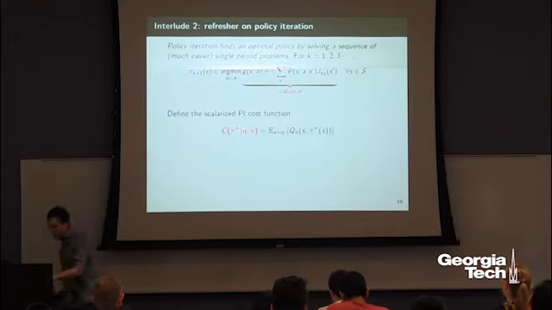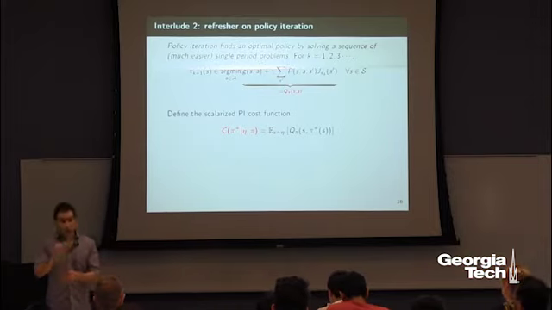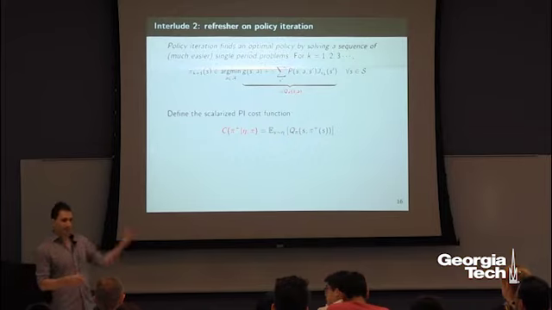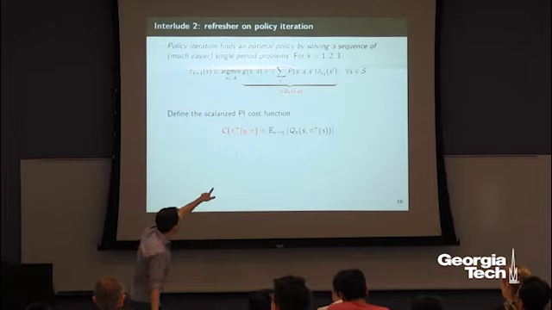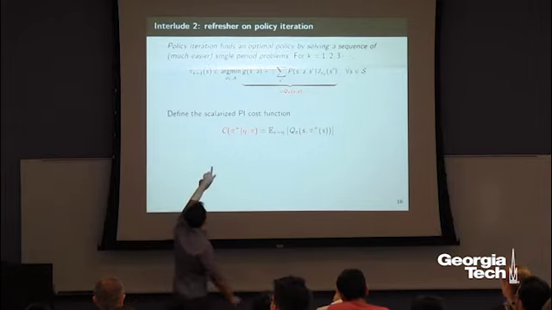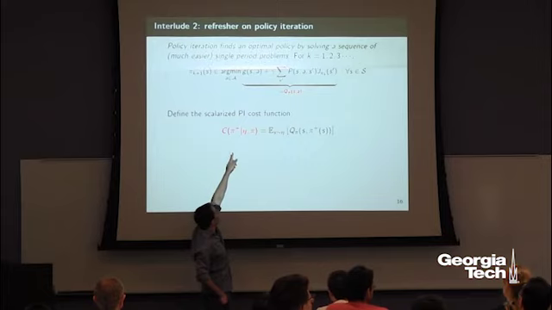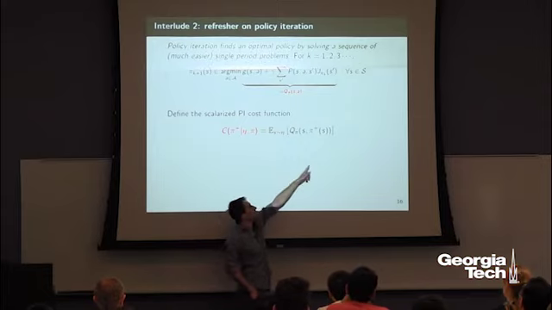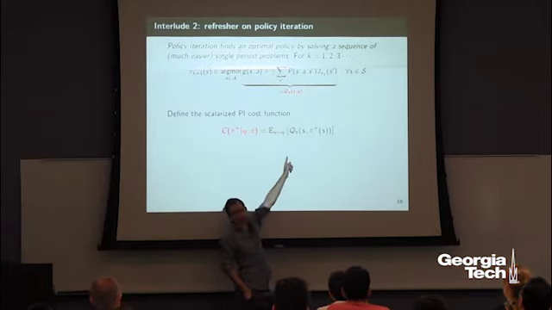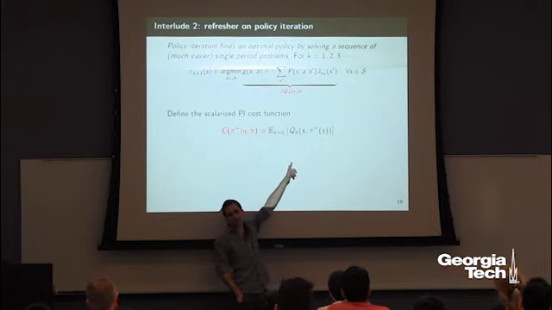Now, just like we went from the cost to go J to a scalar version L, I'm going to go from this cost to go Q to a scalar version. So let's introduce a state weighting eta. For a new policy pi plus, define this weighted cost to go, where I average over states drawn from eta.